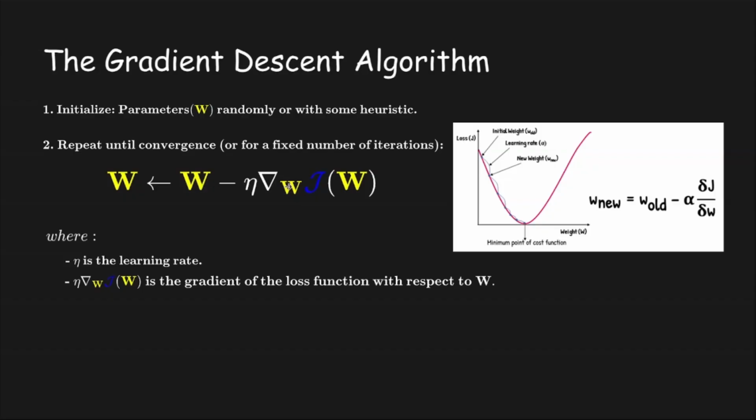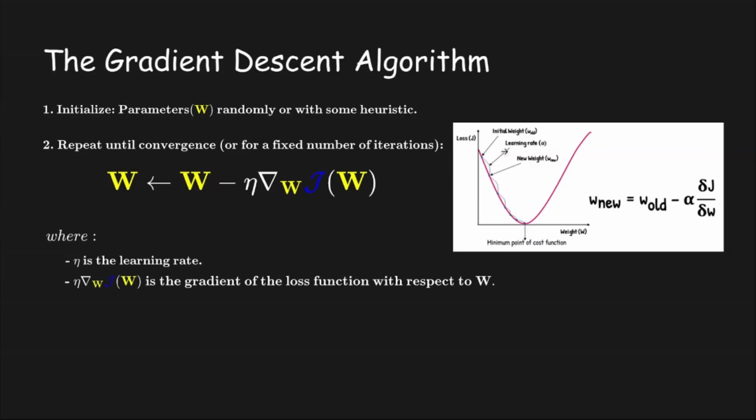Similarly, if the gradient is positive, which means that increasing the weight would increase the loss function as well, we subtract from the weight. In that way we decrease the weight a little bit. That is why gradient descent works. We subtract the gradients little by little and we converge to the local minima.